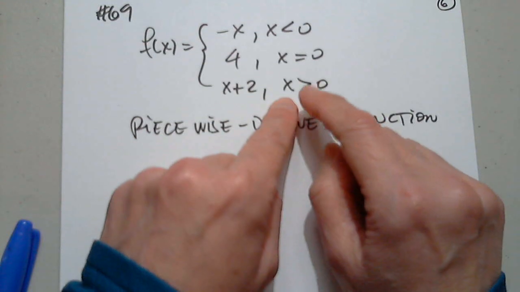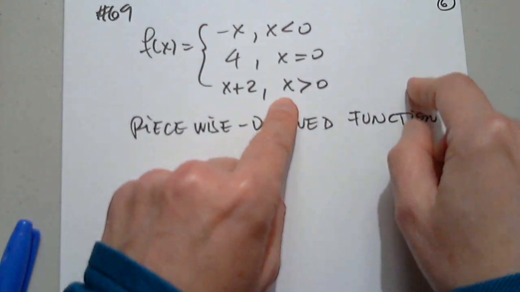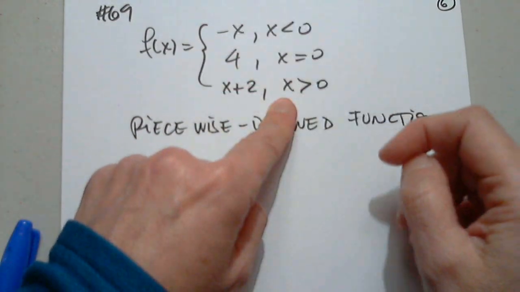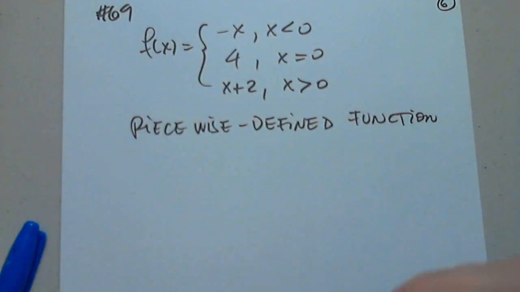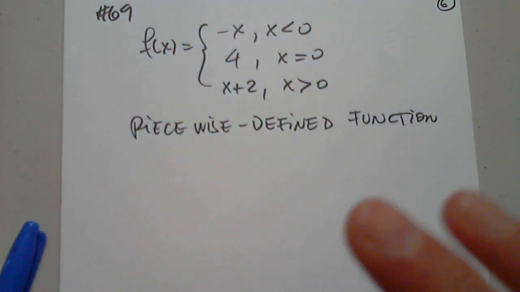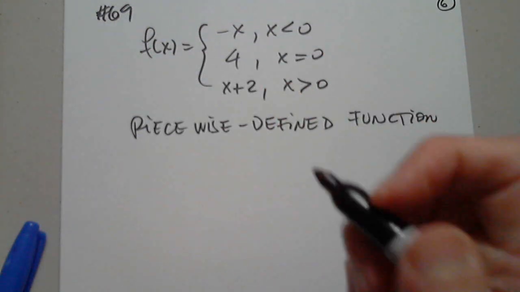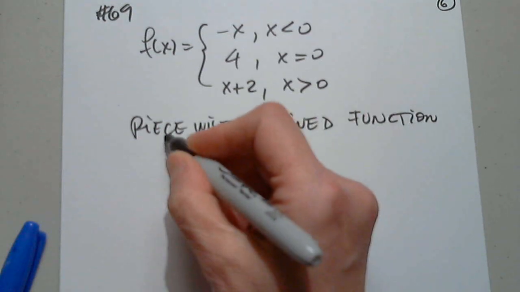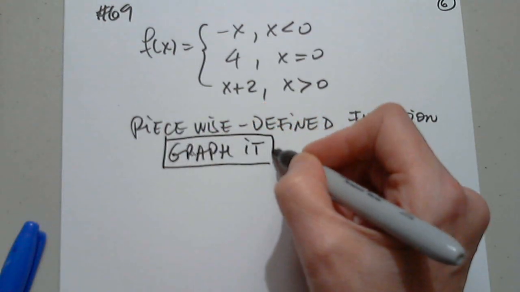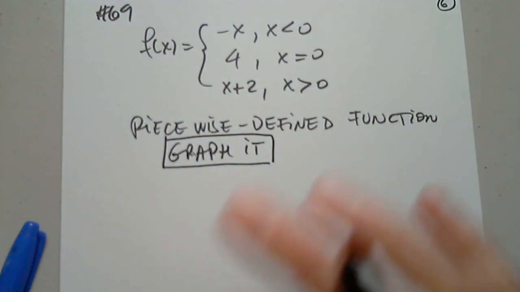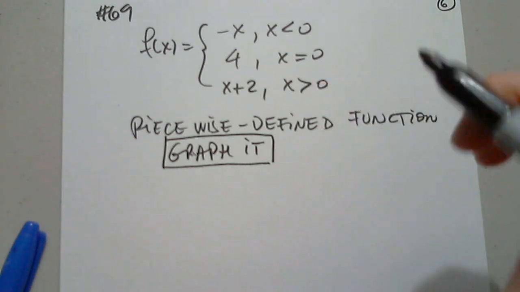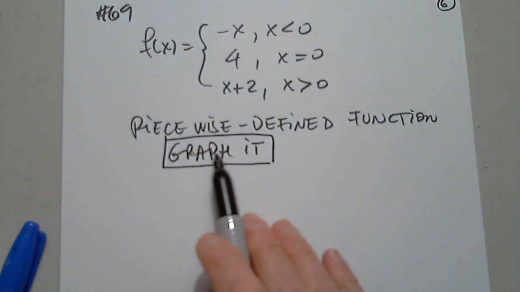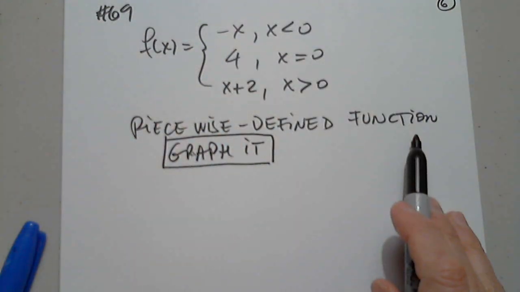If a person makes from 50,000 to 100,000, pays 15%. This is an example of a piecewise defined function, the tax code. Okay, what we are asked to do now is graph it. We're asked to graph this function, to see how it looks. It's a very important topic in this class, to be able to graph a simple piecewise defined function.